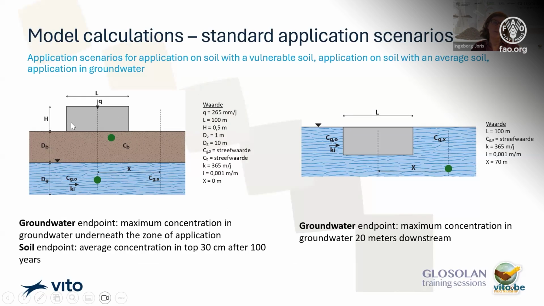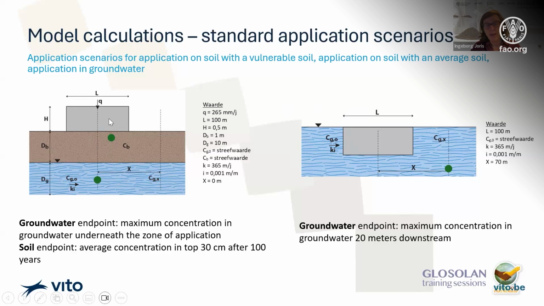So here it's a reuse of soil on top of a soil, an unsaturated soil of 1 meter and a phreatic layer below. There's also an application scenario for reuse directly in the groundwater. And each different scenario will give you a maximum allowed concentration.